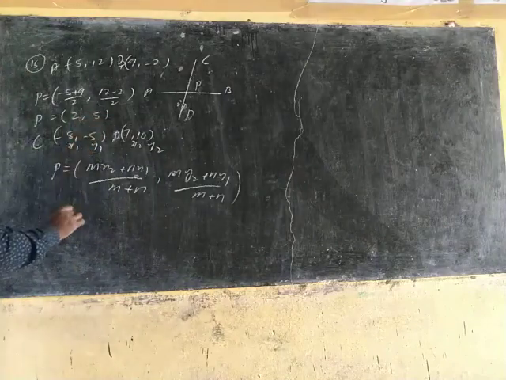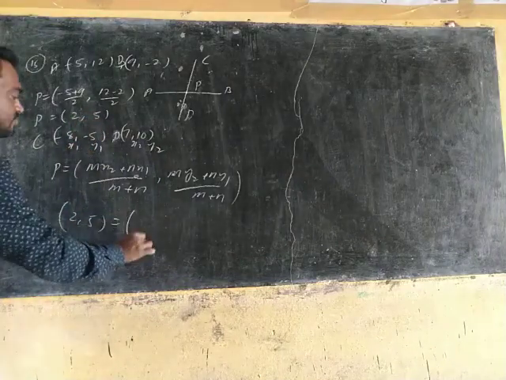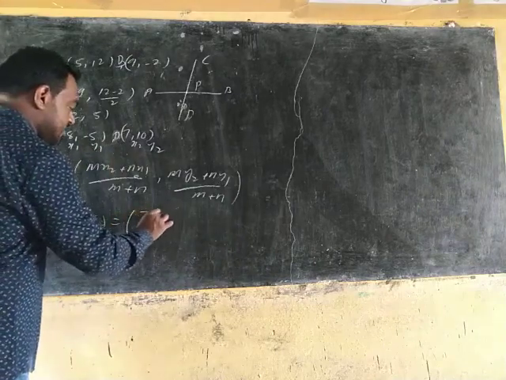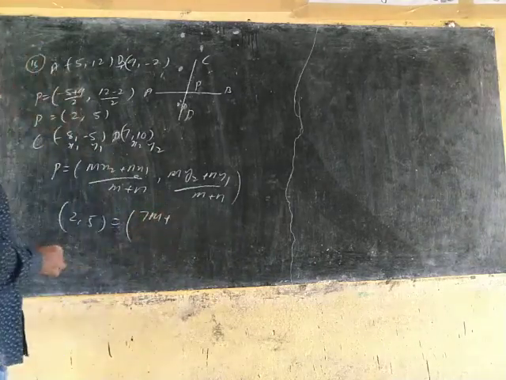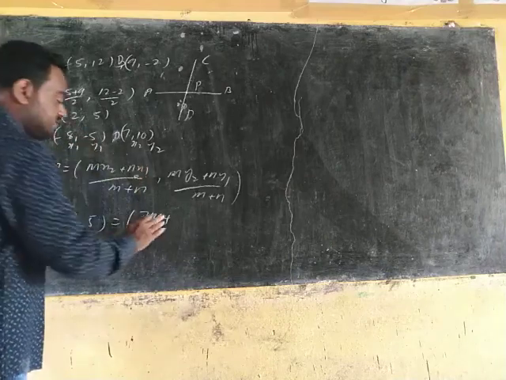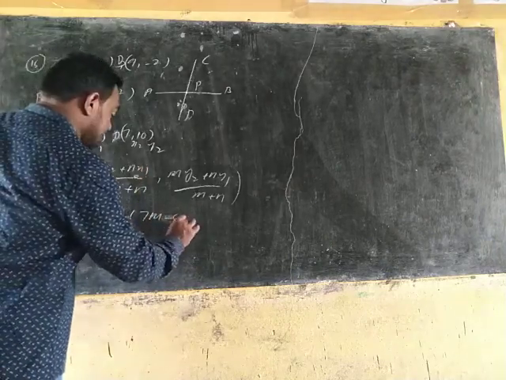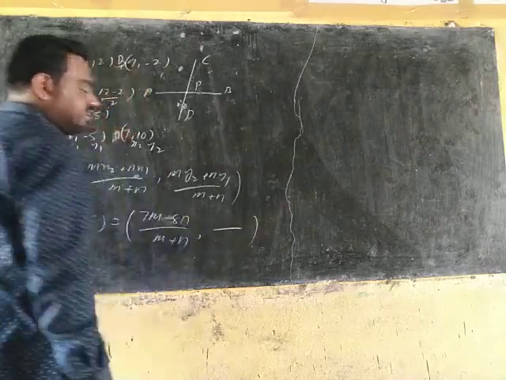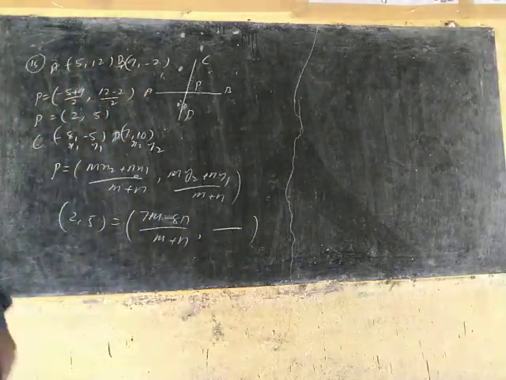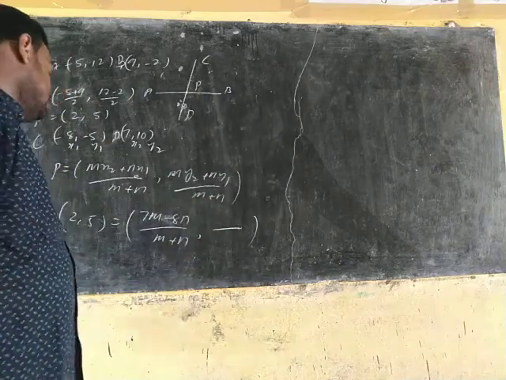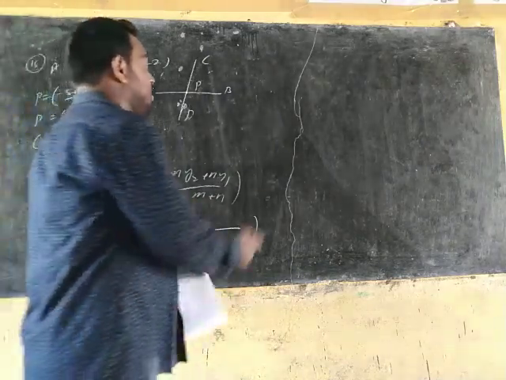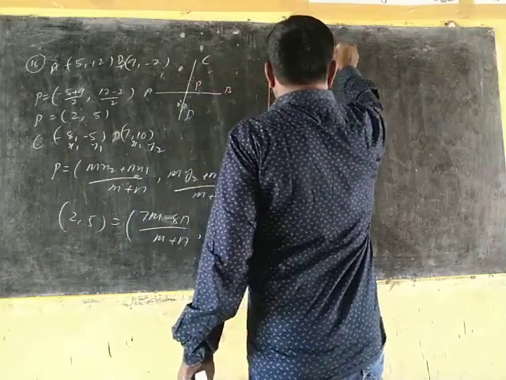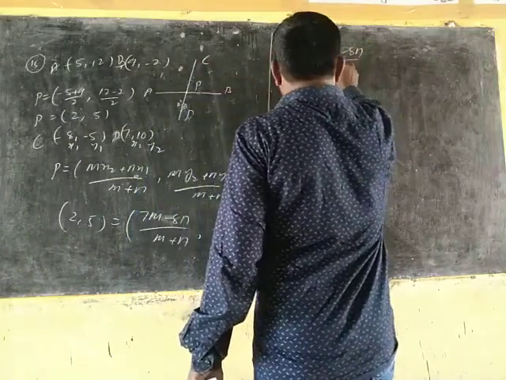So the P point is (2, 5) equal to m into x2, that is 7m, plus n into x1, that is minus 8n, by m plus n. Now you equate x coordinates. What we are getting? 2 is equal to (7m minus 8n) by (m plus n).